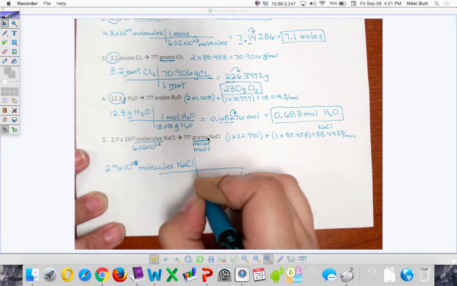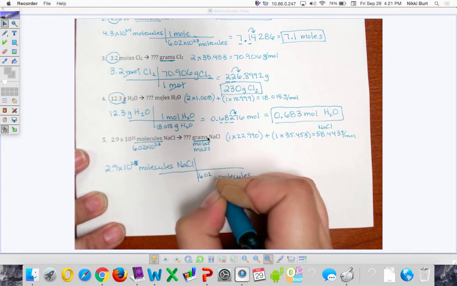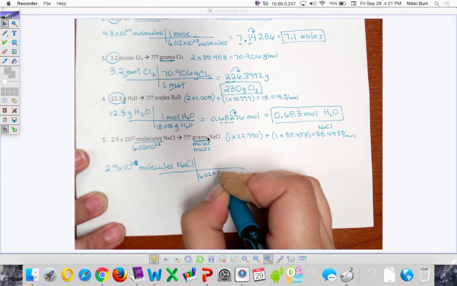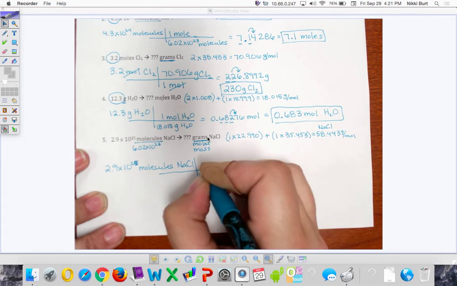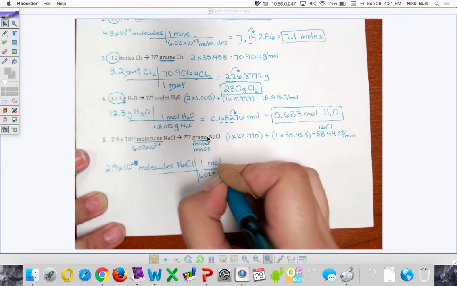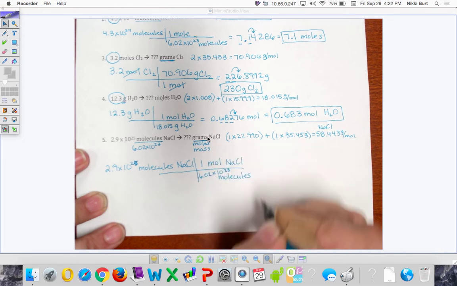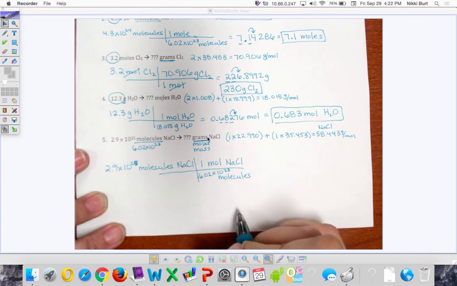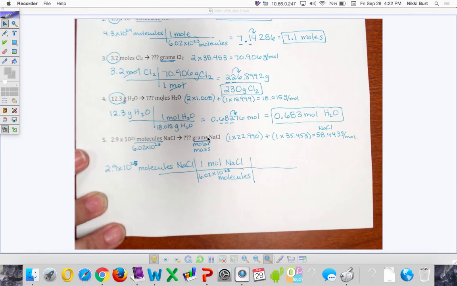So I'm starting with molecules. I need molecules to cancel. So I will put the unit molecules on the bottom. And the number that goes with molecules is 6.02 times 10 to the 23rd molecules on the bottom. And that's equal to 1 mole.